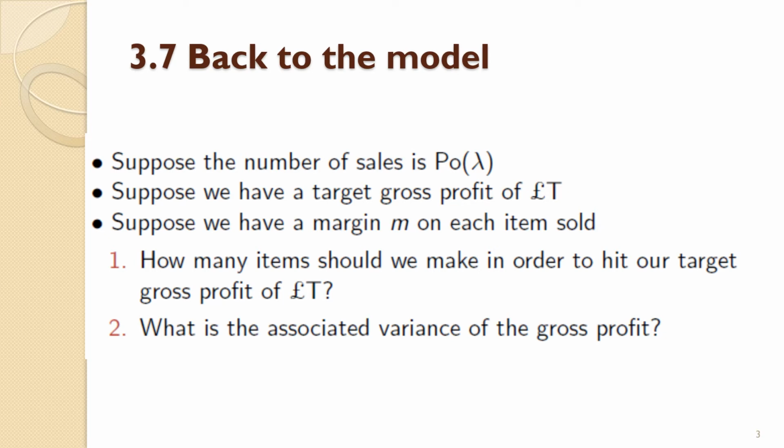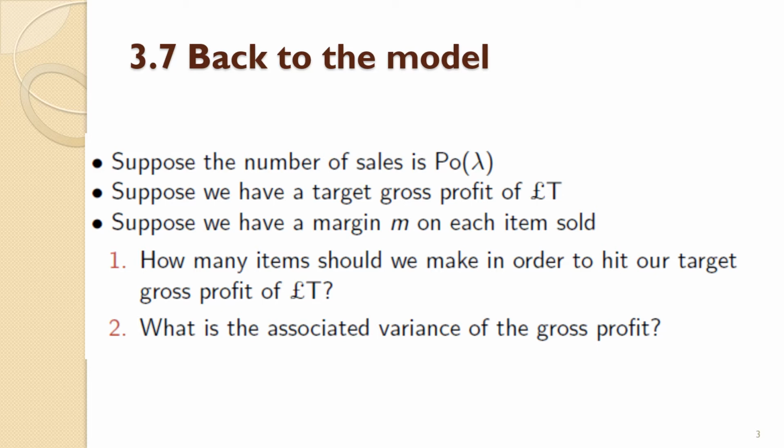Okay, so back to the model then. I promise you that this is a very simple model, but it is intended to say something useful about the context of value creation. Suppose the number of sales is Poisson distributed with some parameter lambda, and suppose you have a target gross profit of, say, £T.